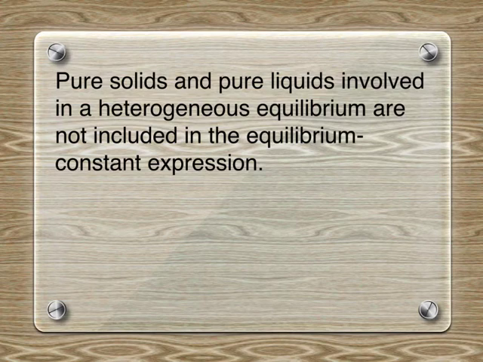So its concentration, which is the ratio of its mass to volume, is going to stay the same. And because equilibrium constant expressions include only the terms for the species whose concentrations are actually going to change in a chemical reaction, the concentrations of pure solids and pure liquids are not included, even though their presence is necessary for the equilibrium to be reached.